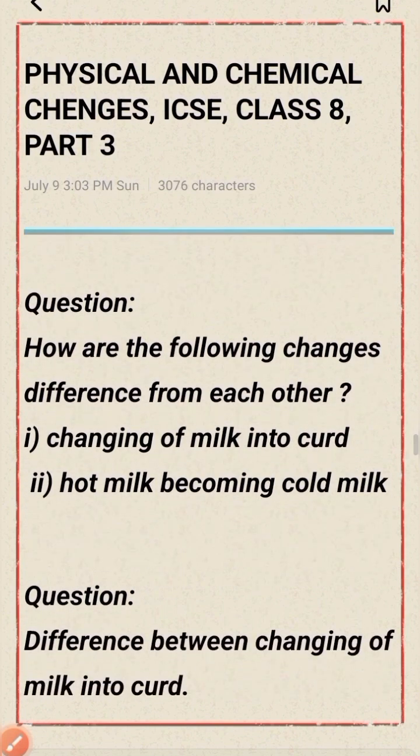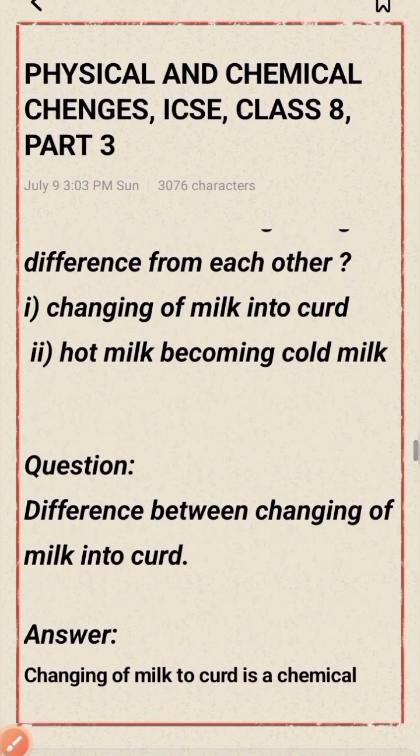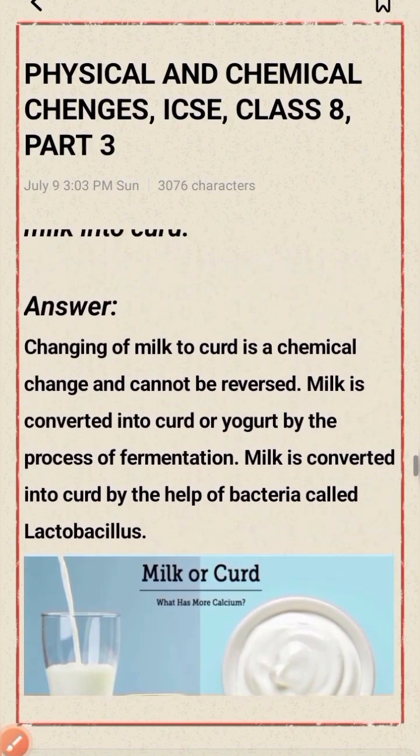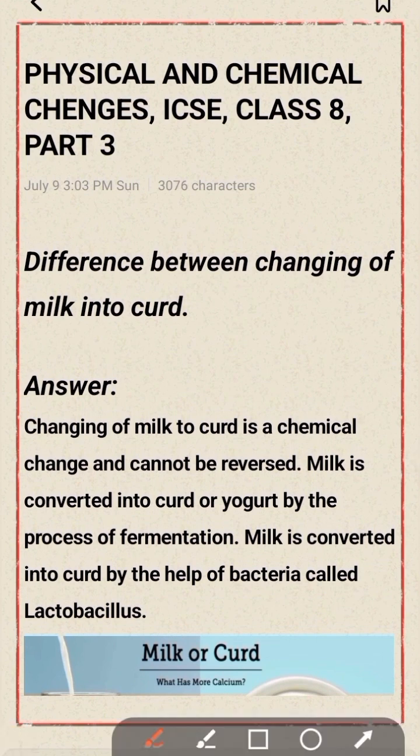Okay, my dear viewers, my dear students. Next question: how are the following changes different from each other? Changing of milk into curd, hot milk becoming cold milk. Now, the difference: changing of milk to curd is a chemical change and cannot be reversed.